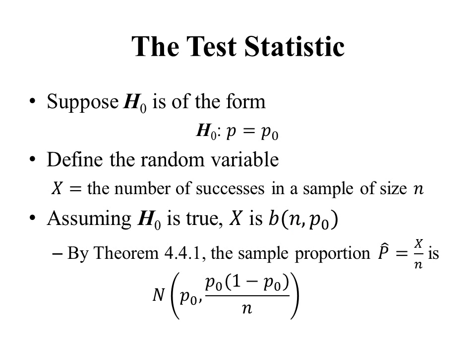Now by theorem 4.4.1, the sample proportion p hat, which we define to be x divided by n, has an approximately normal distribution with mean p naught and variance p naught times 1 minus p naught divided by n.